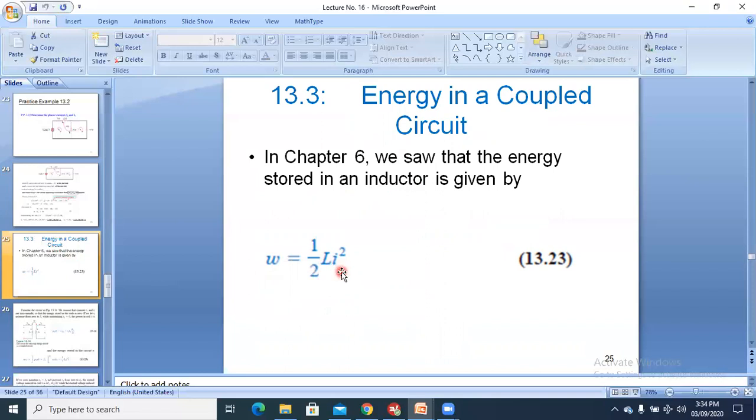And i is time varying in nature, so we take the square of this current. We can assume the initial value of the current is 0, and the phase of the current is known, so we can calculate the energy for a given phase for this inductor.